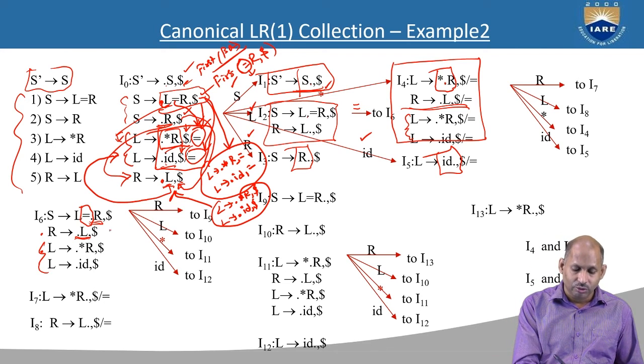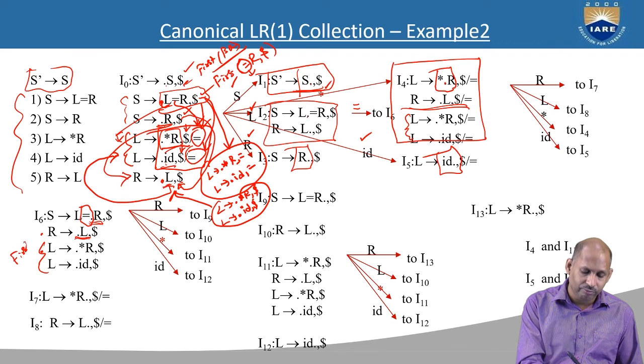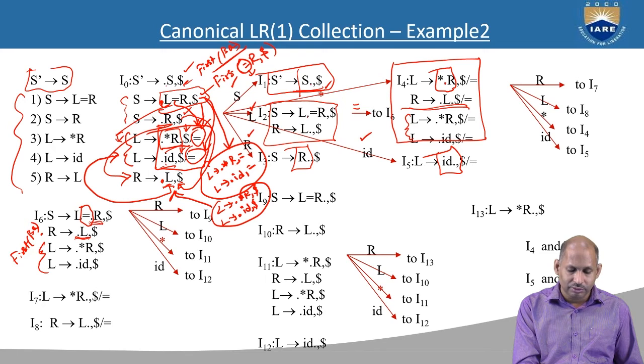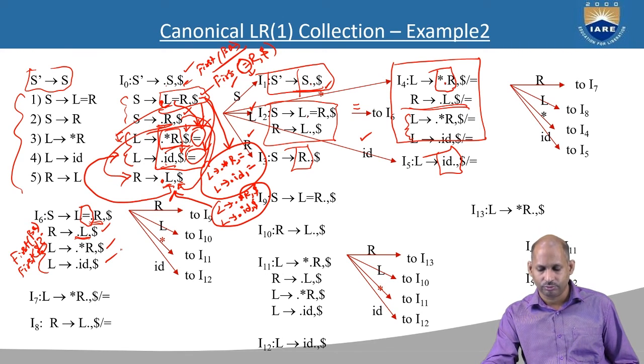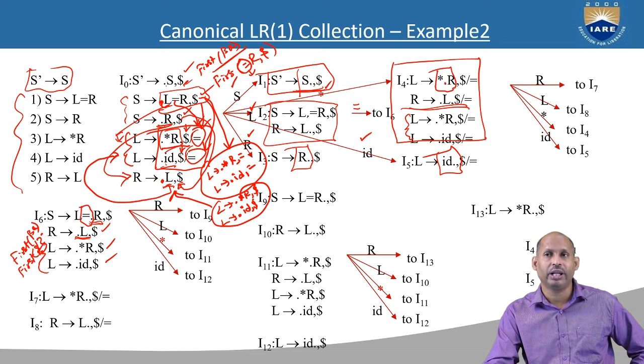Then here, what is the first of beta a? First of beta a is simply dollar, first of dollar. So we included only dollar.